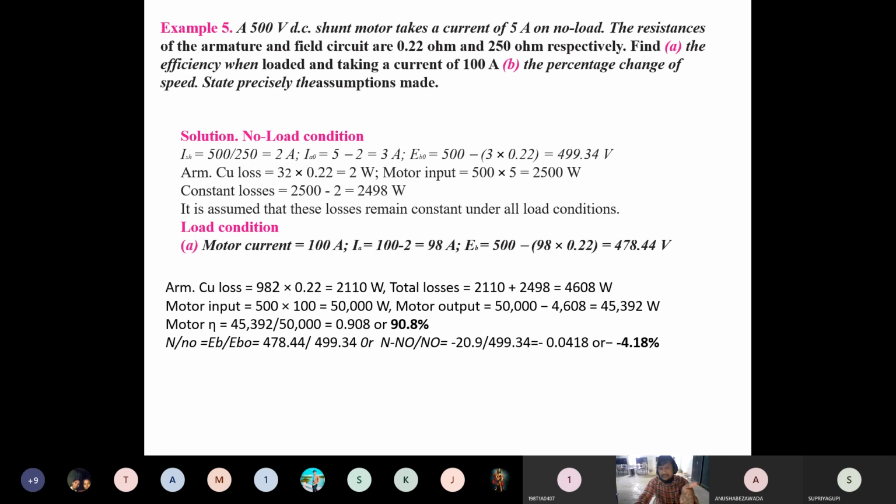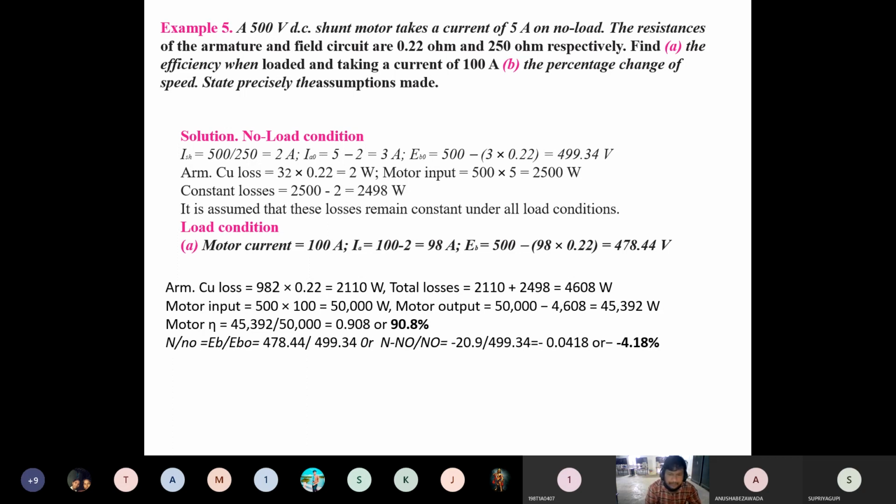This is the IL. Loaded condition IL is 100 amperes. No load condition IL is 5 amperes. You just observe. First, we have to determine the constant losses, then determine the copper losses at load condition, then combine both, that is nothing but total losses, then determine the input power, that is V into IL, then output power VIL minus total losses, then determine the efficiency, right?